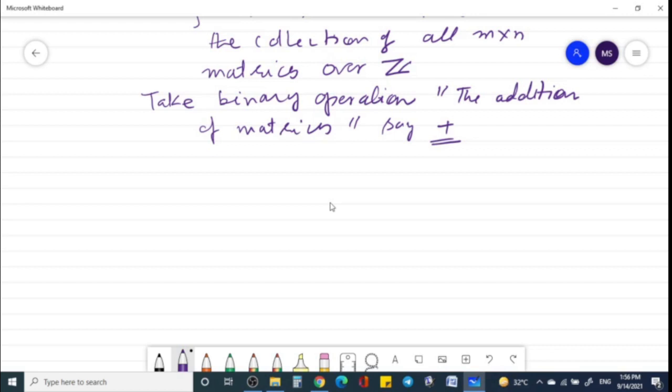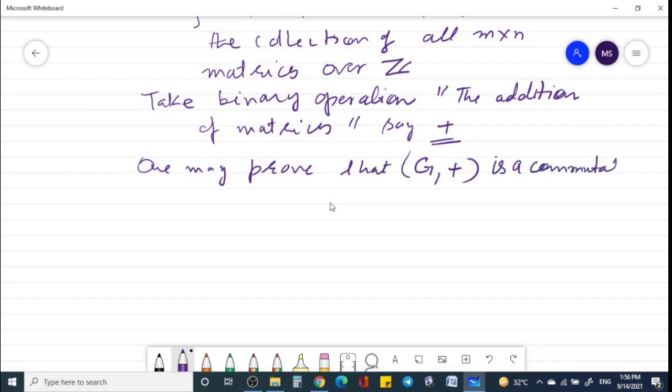So one may prove that G is a group, commutative, under addition of matrices.